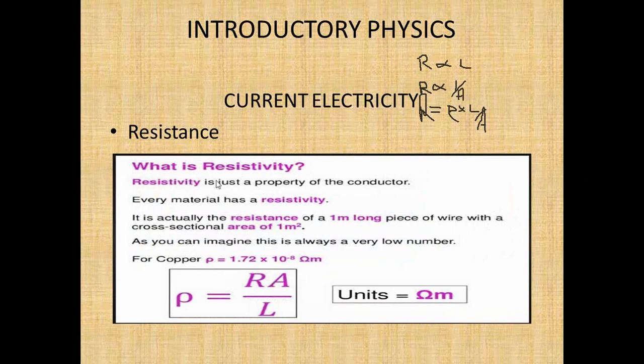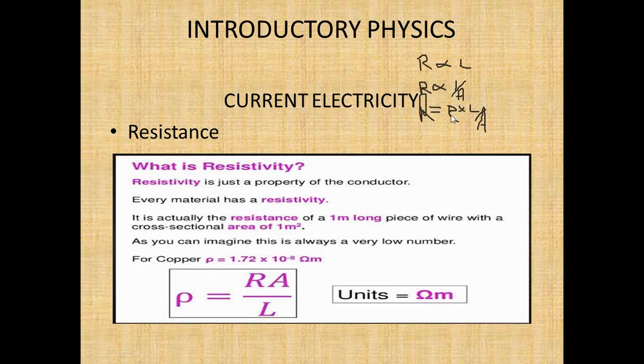So resistivity is just a property of the conductor or the wire. Every material has a resistivity, okay? And if you rearrange your equation, you can get the units for resistivity. It's actually the resistance of a 1 meter long piece of wire with a cross-sectional area of 1 meter squared.